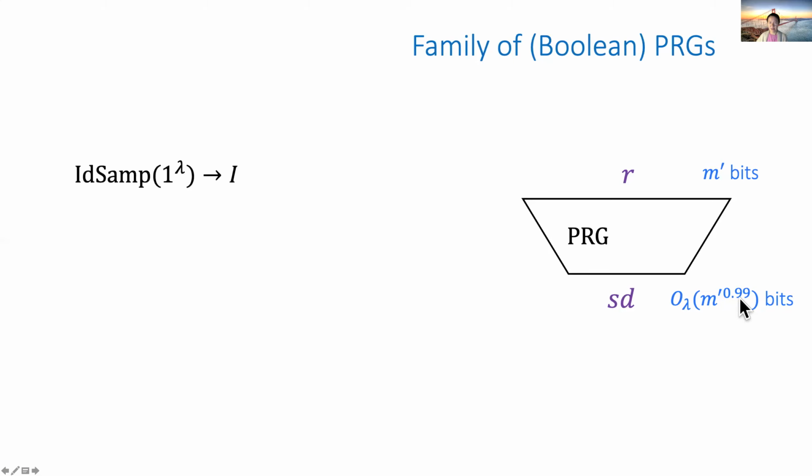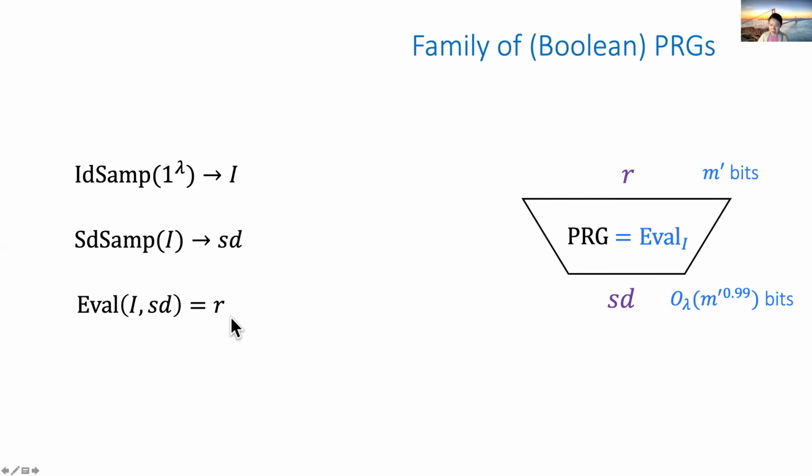More formally, a family of PRGs is defined through 3 algorithms. An index sampling algorithm samples a function index, and then a seed sampling algorithm, given the function index, samples the seed. And finally, the evaluation algorithm, given both the index and the seed, produces the output. In other words, the PRG that is being computed is the eval algorithm with the function index I.